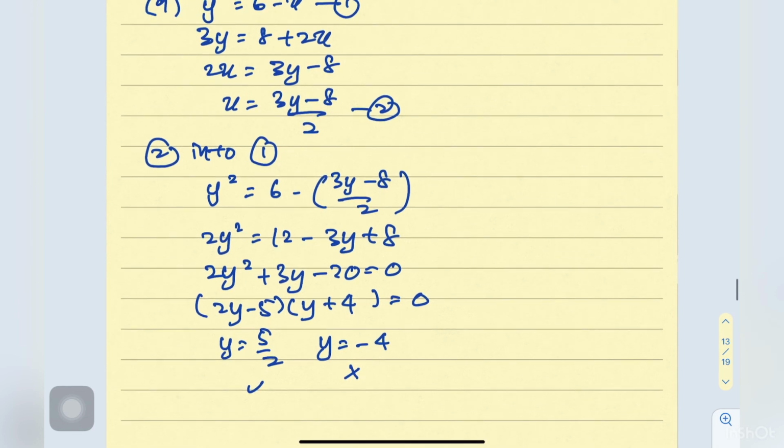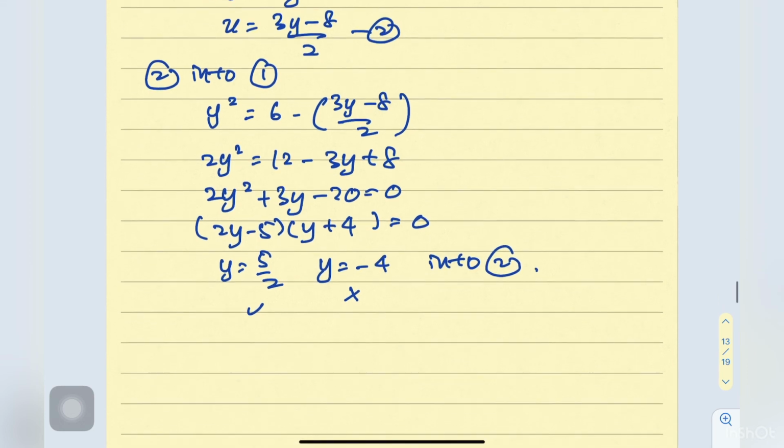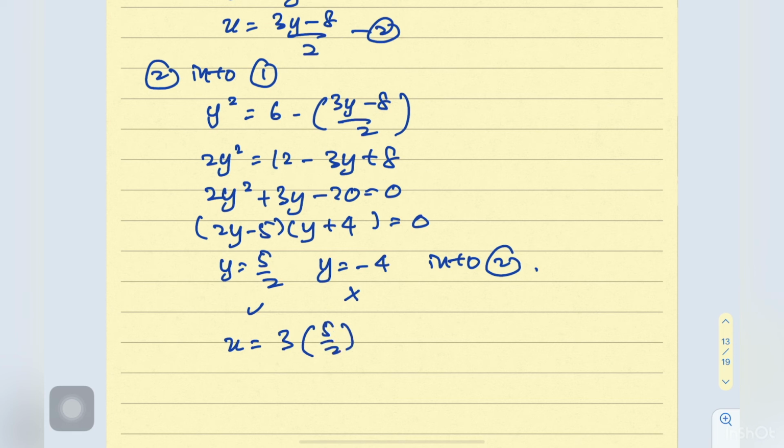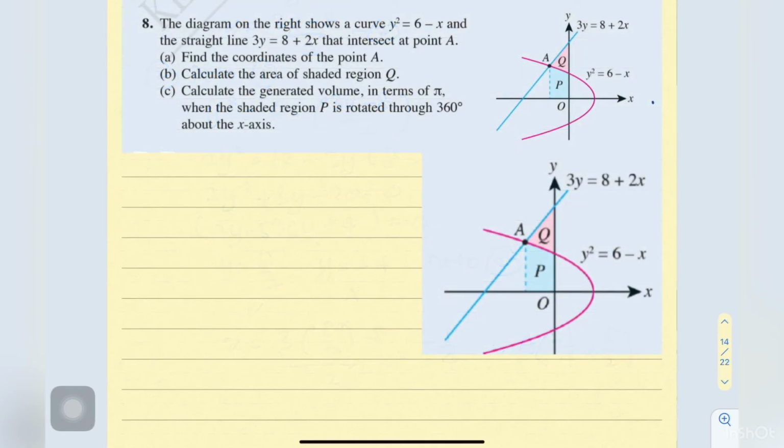Substitute this into equation 2: x equals (3 times 5 over 2 minus 8) over 2, which equals negative 1 over 4. Therefore, coordinate A is (negative 1 over 4, 5 over 2).